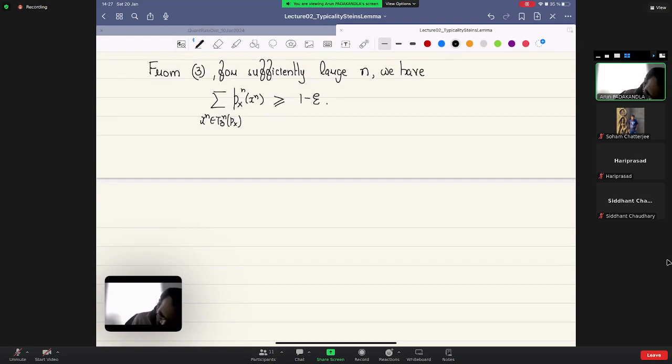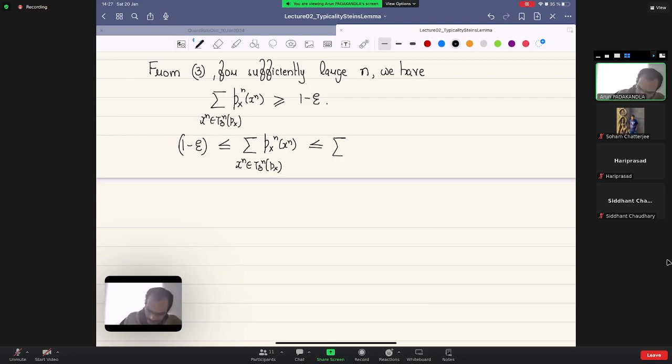So I have something like this. I'm going to write this because I have to go on the right now. Sorry, this is less than or equal to; I'm just flipping the left hand side and the right hand side. P^n(x^n), and I know that each one is at most so much, so I cannot have too few elements.